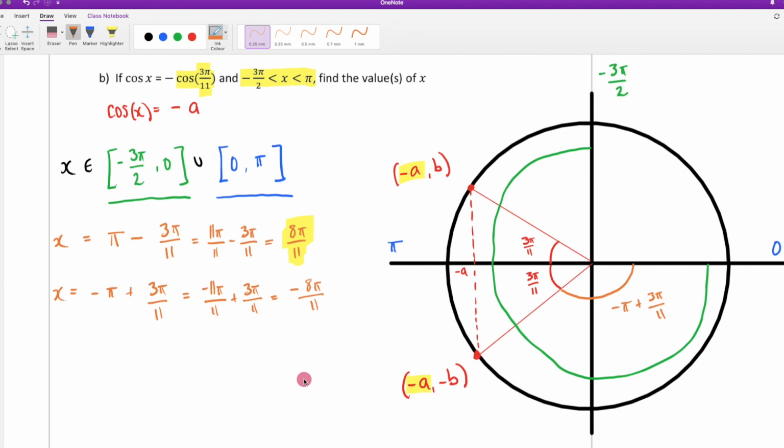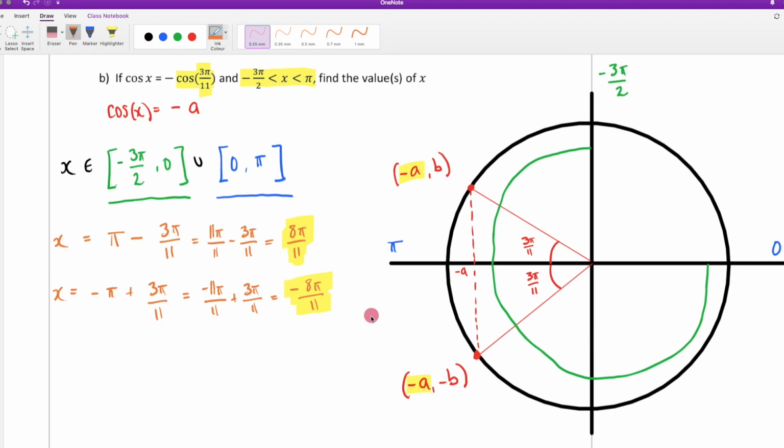And when you really think about it, that makes perfect sense, because if here to here was 8 pi, then here to here is going to be negative 8 pi on 11. Sorry, if here to here is 8 pi on 11, then here to here is going to be negative 8 pi on 11. I have to be ever so careful in how I speak. There we go. So that is going to be my other one. Perfect. Let me rub that out.